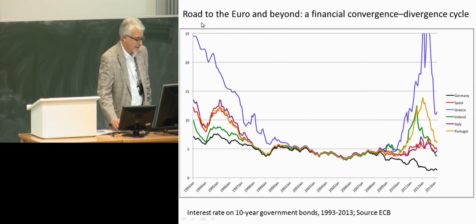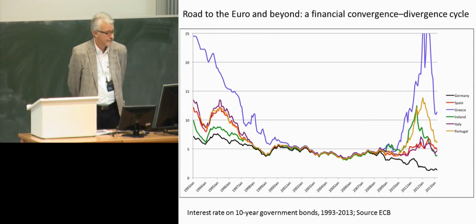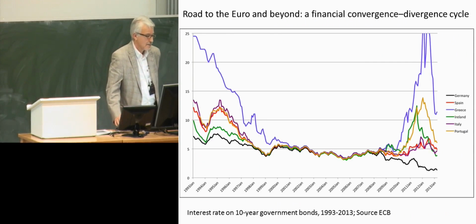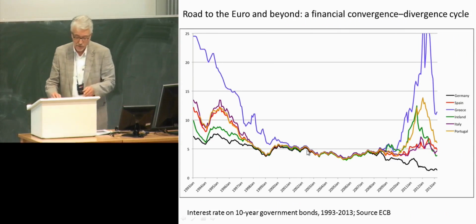So in 1993 Greece paid very high interest rates for the borrowings they made. Germany, relatively low interest rates. And what you can see, all these countries converge to Germany.